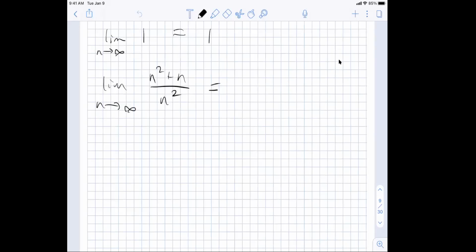Yeah, this is a rational function where the degree of the top equals the degree of the bottom, right? So what do we do for this limit? Isn't it also just 1? It's also just 1. Yeah, perfect. This is 1n squared plus n divided by 1n squared. So I take 1 divided by 1. Well, that's also going to give me positive 1.